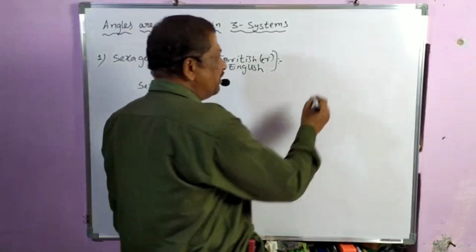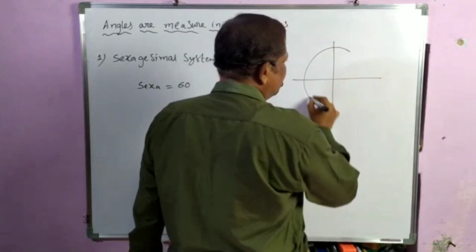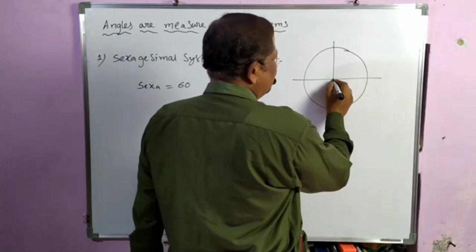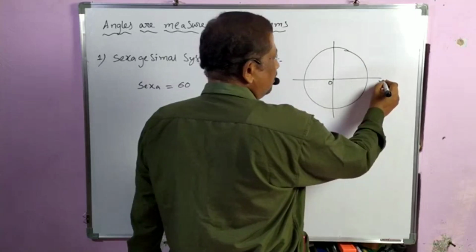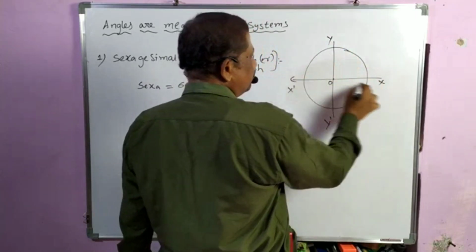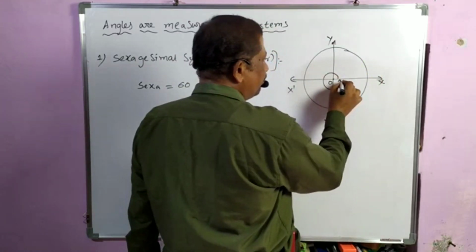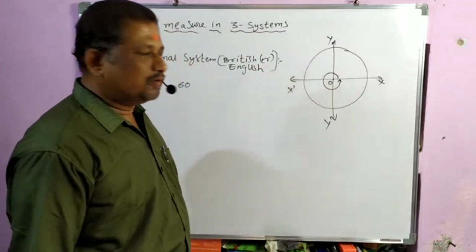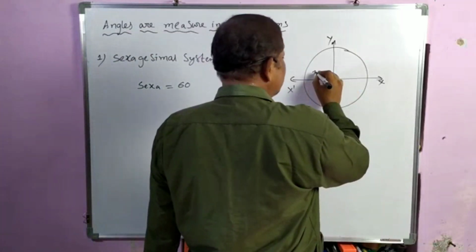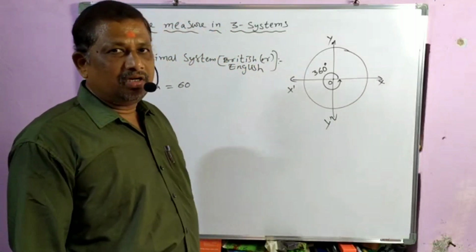So if you take a complete angle, this is the origin, x, y, y dash, x dash. In this, if you take a complete angle, it is 360 degrees.